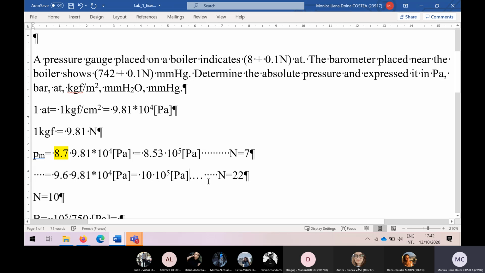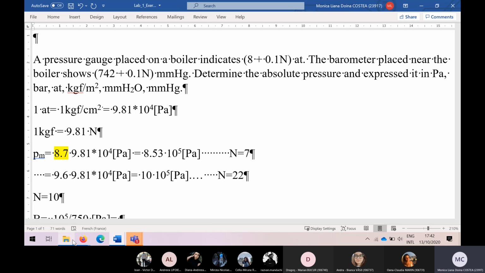All right, so this should be N22. Once you have the manometric pressure in Pascal, you may pass to express the atmospheric pressure. Its notation, I prefer B because it's from barometer and it's short and different from P of X with some subscripts.